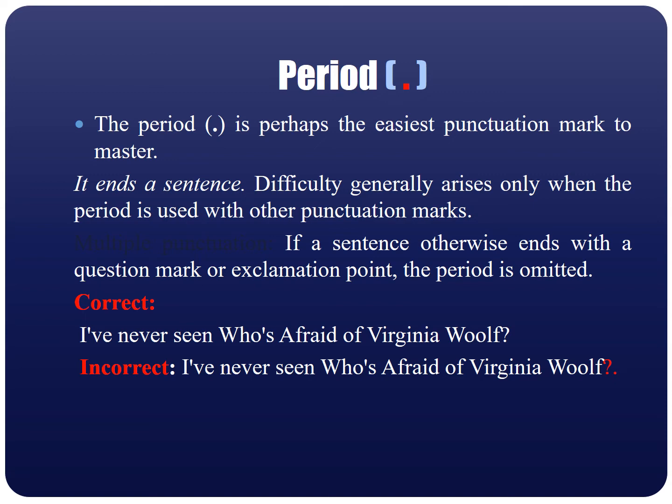Whenever a sentence ends on any other punctuation mark, you will never place a full stop after it. Full stop, question mark, exclamation mark, they all are punctuation. Two punctuations cannot come together unless we are using inverted commas.